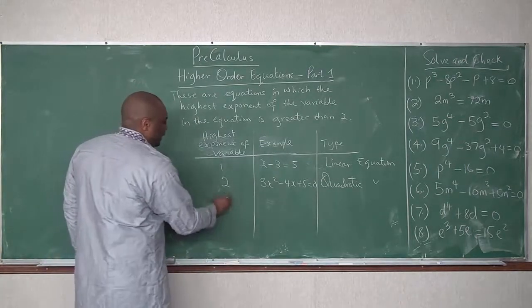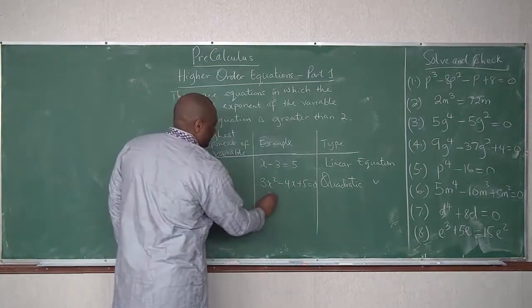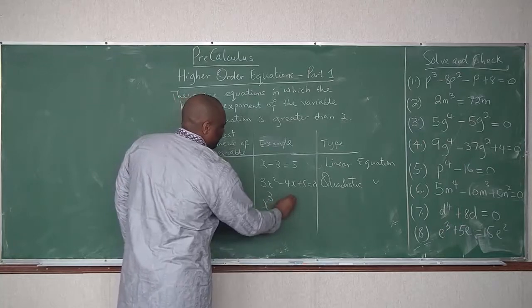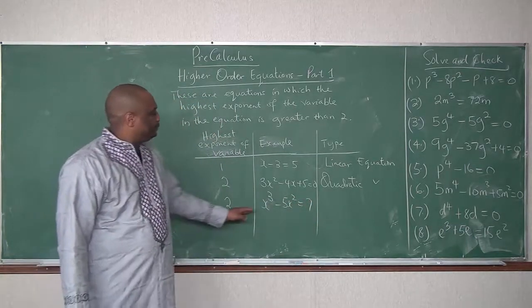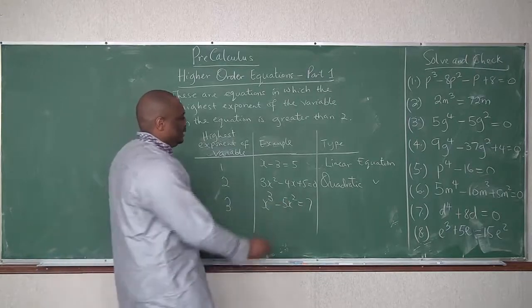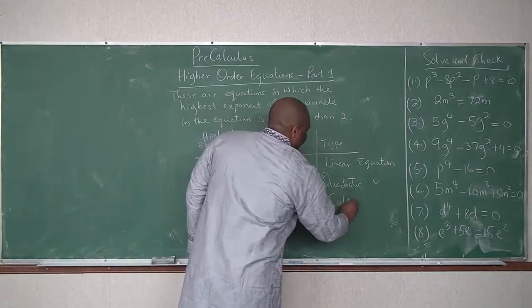If the highest exponent is 3, maybe if you have x cubed minus 5x squared equal to 7, then this is a cubic equation.